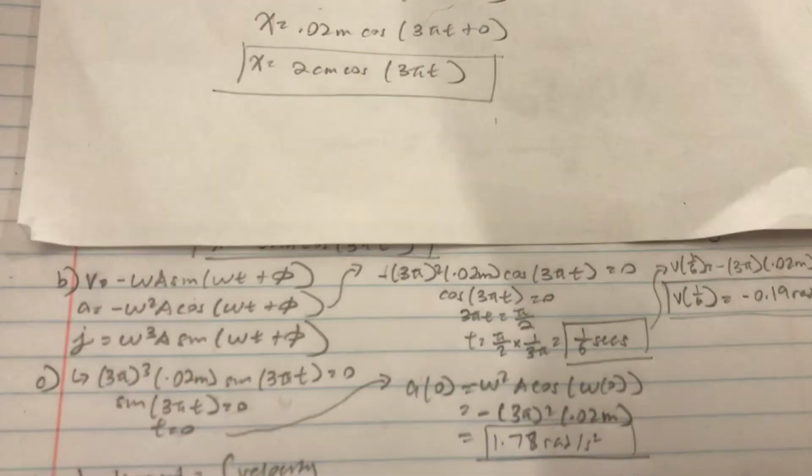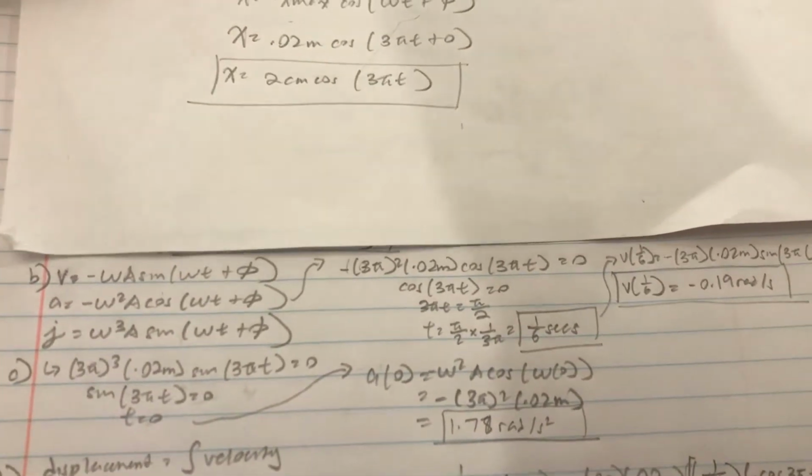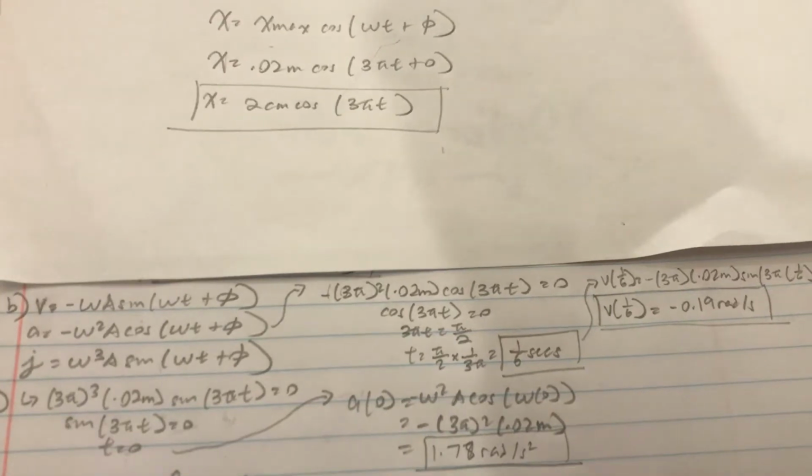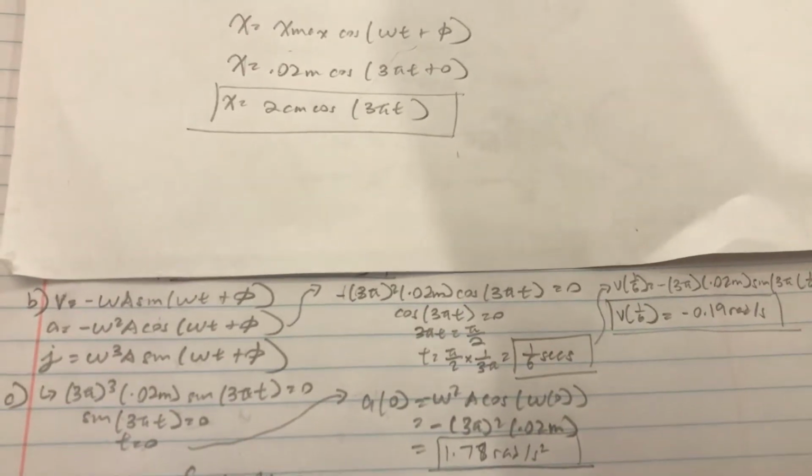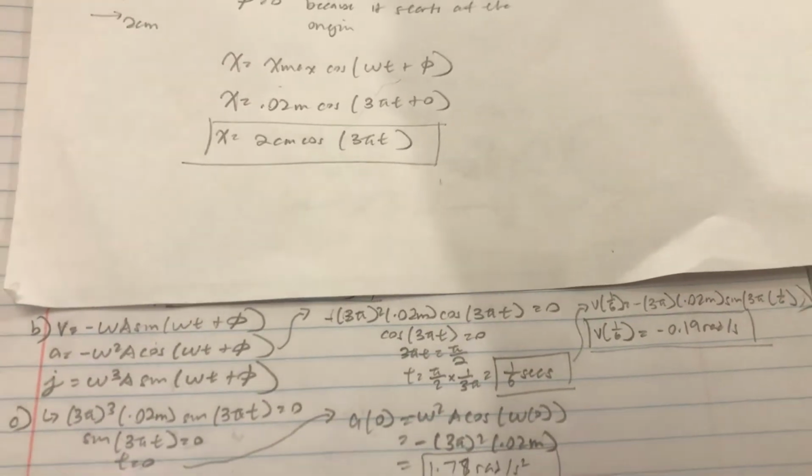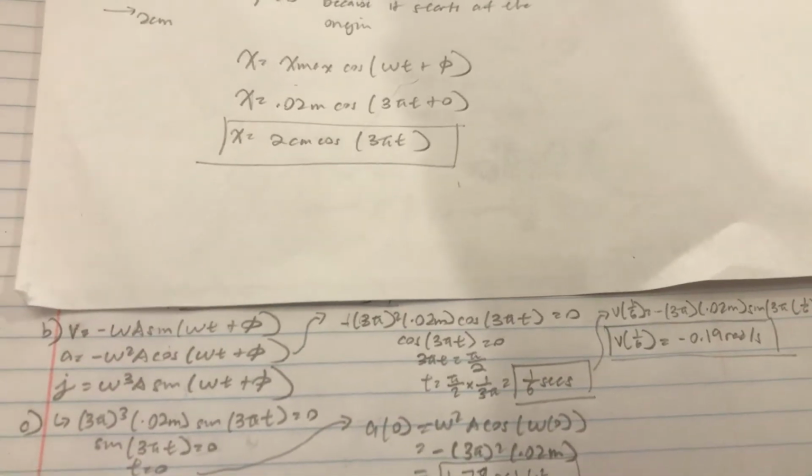Part B asks us for the maximum speed and the earliest time that the particle has that speed. So you have to keep in mind that the maxes and mins, basically the extreme values of a function, occur at the zeros of their derivatives.